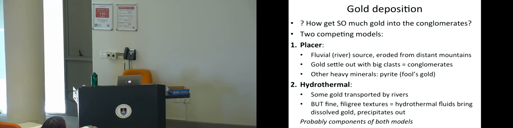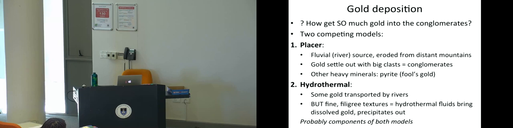The first model is called the placer model, a fluvial or river model, where gold has been eroded out of distant mountains. We have the shallow basin on the craton with a hinterland of distant mountains, and these are very rich in gold, so it doesn't totally answer the question of where the gold comes from.